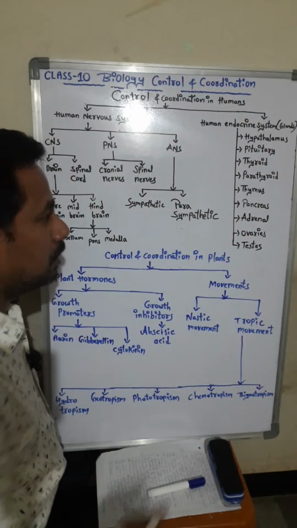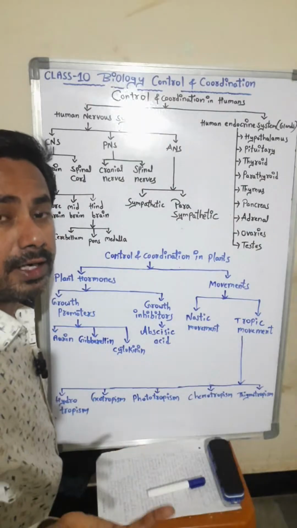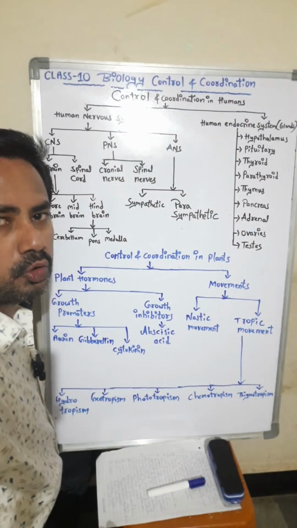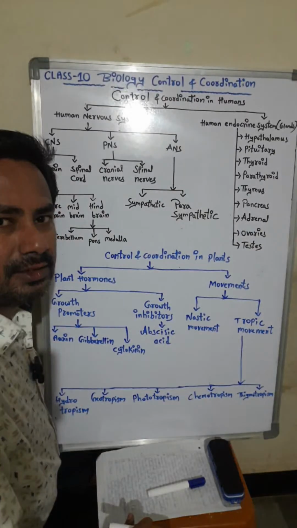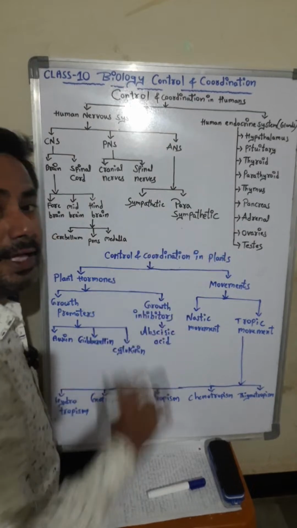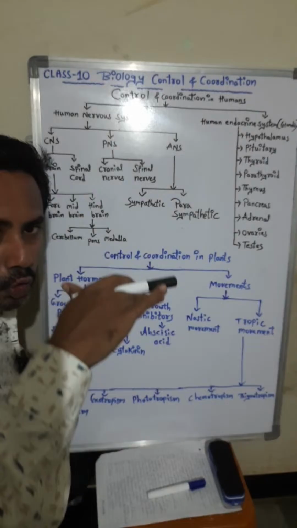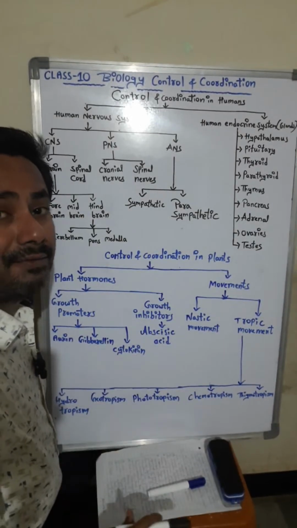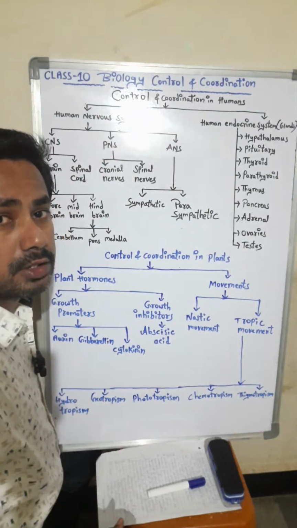At that time, the pancreas releases insulin. What is insulin? It is a hormone. Hormones are nothing but chemical substances, proteins. Insulin released by the pancreas will go and control the blood sugar level. So these hormones are very helpful for us.